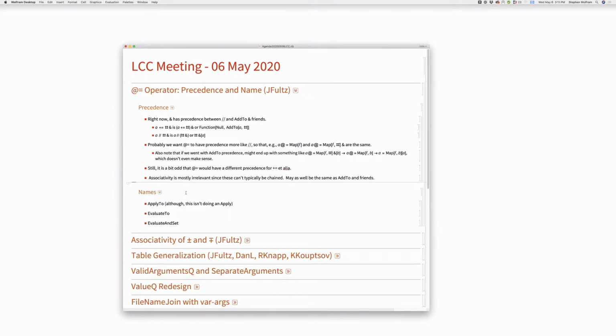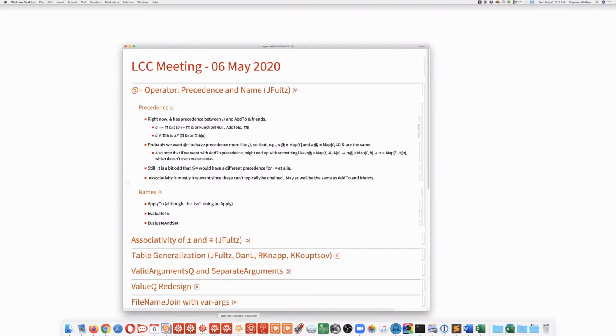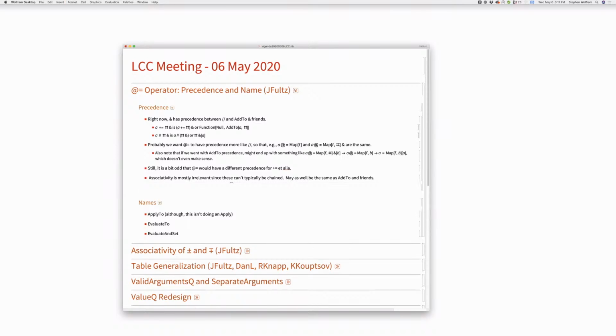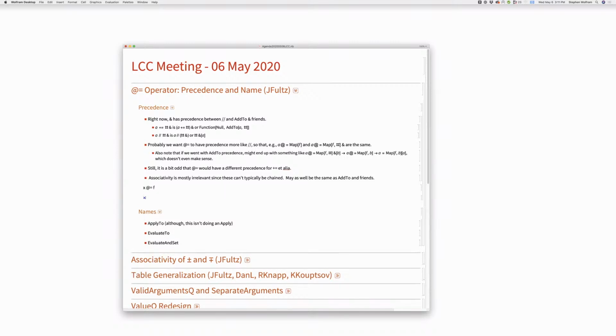Is this running in any versions? No, because we haven't picked a name for the symbol, and so we can't create a FullForm if we don't have a name. Fair enough. So fundamentally it's x at-equals f, and that is equivalent to x equals f of x. Yeah, that's kind of nice.